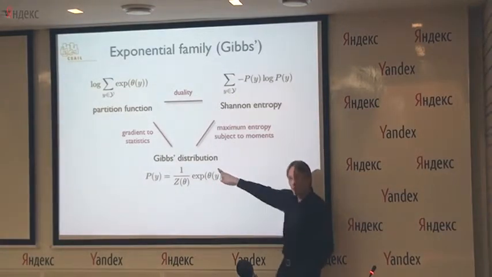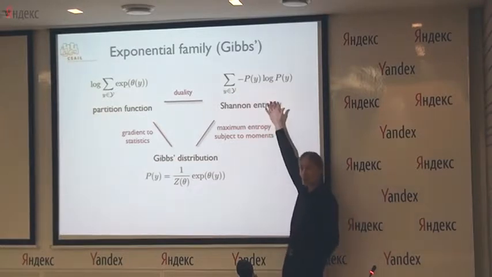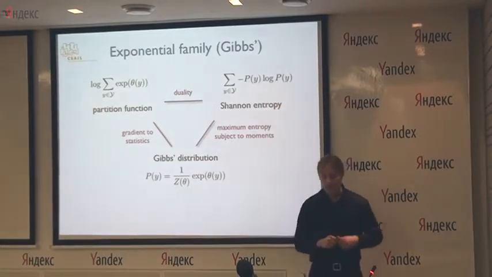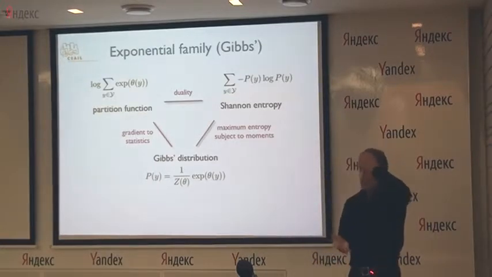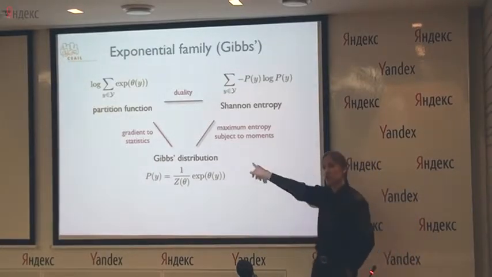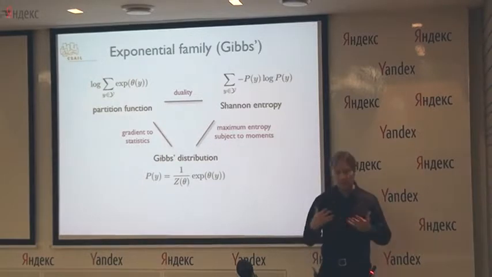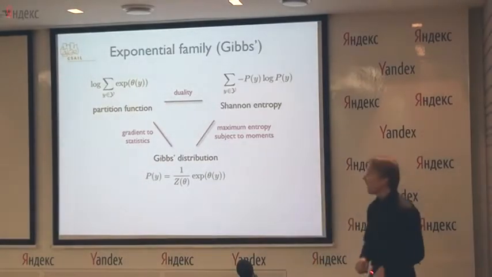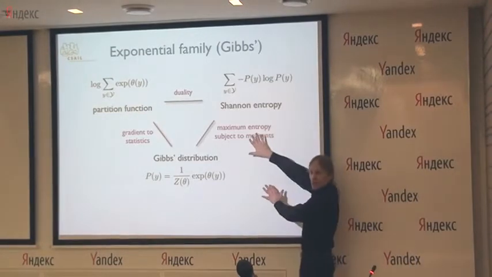Gibbs distribution is the distribution that maximizes the entropy subject to some statistics that we may have learned from data and so forth. All right? Very nice relationships here that makes this work from a statistical perspective. So I would argue this is why we prefer Gibbs.